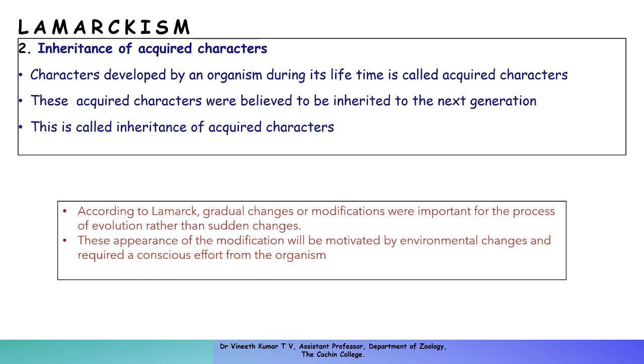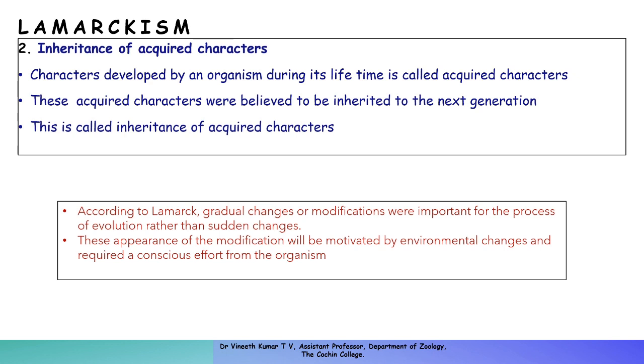So this is an explanation which was given by Lamarck to substantiate his use and disuse theory, and his proposal of gradual changes and the need and the urge of the organism. So how will you connect these? Why did he suggest this inheritance of acquired characters?